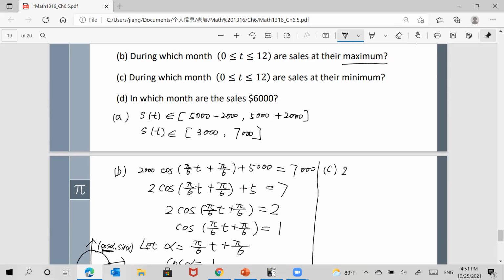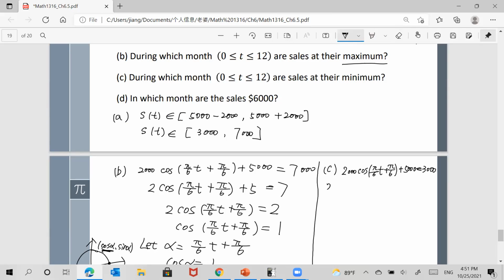So 2,000 cosine pi over 6t plus pi over 6 plus 5,000 equals 3,000. Divide by 1,000 for all terms.